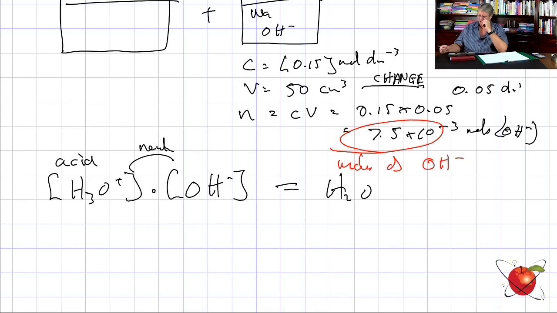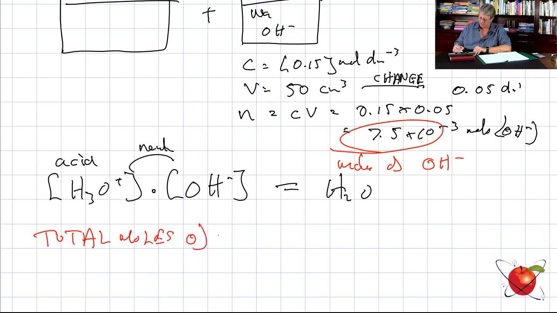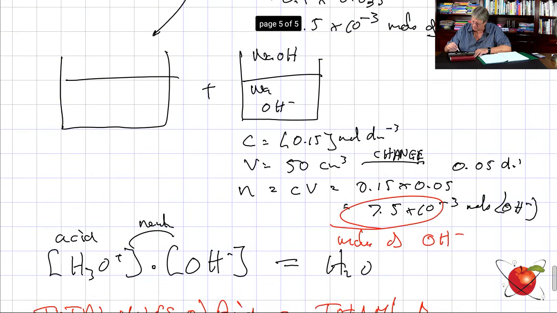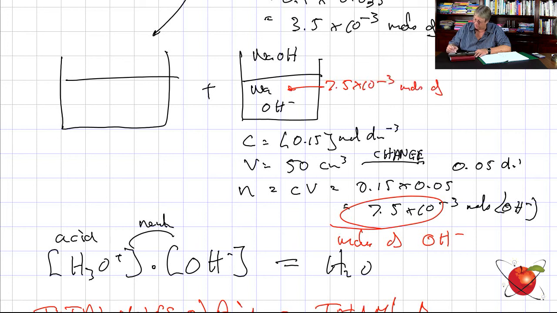If it completely neutralized, then the total moles of the acid must be equal to the total moles of the base. Therefore, the total moles of the acid must be equal to 7.5 × 10^-3. Inside here we have 7.5 × 10^-3 moles of OH-.